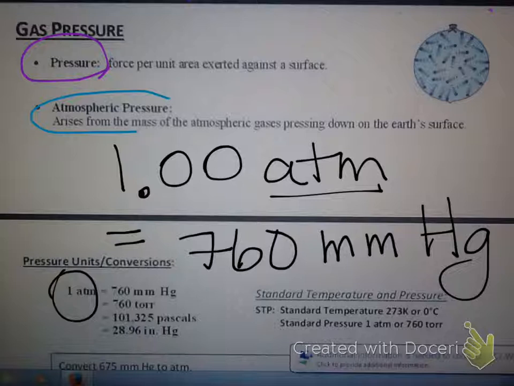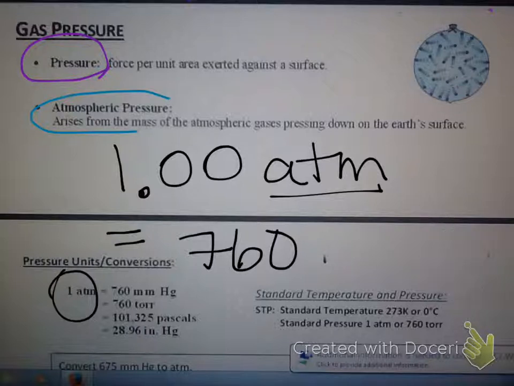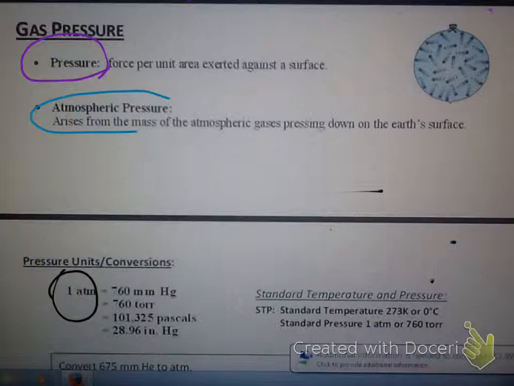Another unit is the torr. So we have the unit torr for pressure too. And a torr is basically the same thing as a millimeter of mercury. So 1 atmosphere is 760 millimeters of mercury. 1 atmosphere is also 760 torr. So how do the torr and the millimeters of mercury compare to one another?